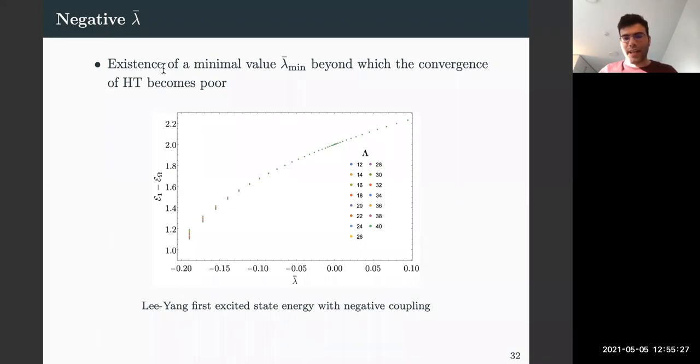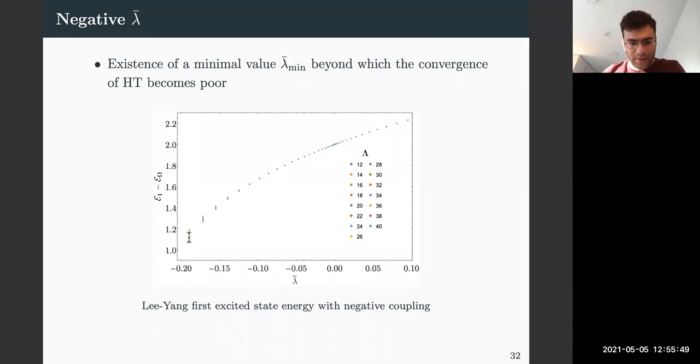So we investigated lambda bars that go positive, and we were thinking, what happens if we go to lambda bar negative? This is a plot, for example, of Liang, where you start from lambda bar 0 and go to negative. It has good convergence up to some critical point where the Hamiltonian truncation becomes severely poor.